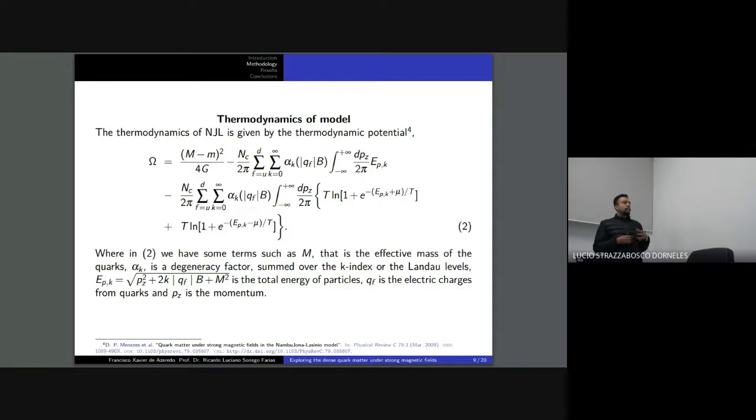E is the total energy, which depends on the electric charge of the quarks, the magnetic field, the effective mass, and the momentum in the Landau levels. The thermodynamic potential will give us all the thermodynamics of the quark matter, the dense quark matter in this case.